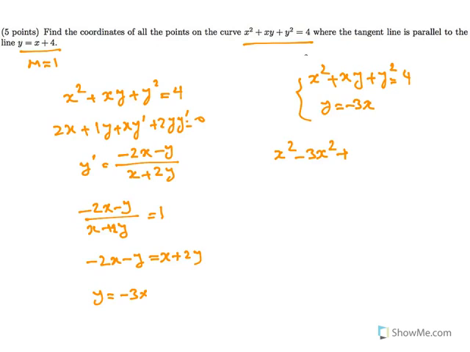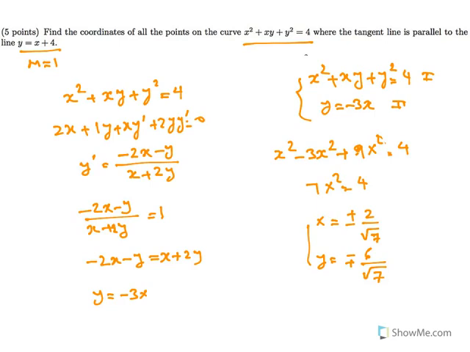If you substitute equation number 2 into 1, you have basically 7x squared equals 4, meaning x equals plus or minus 2 over root 7, and y is minus 3 times x, which is minus 6 over root 7.